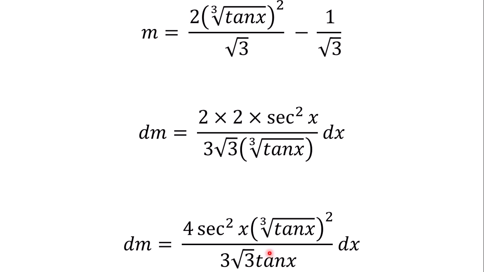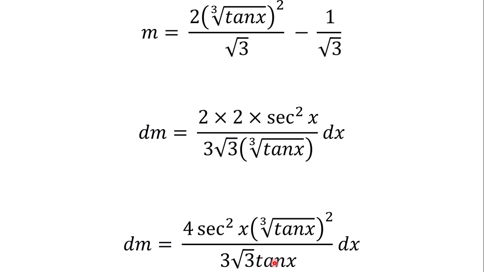Okay, so this is the answer to the derivative of what is in the bracket of the tangent inverse. So dm is equal to 4 secant x squared times cube root of tangent x to the power 2 all over 3 root 3 tangent x.